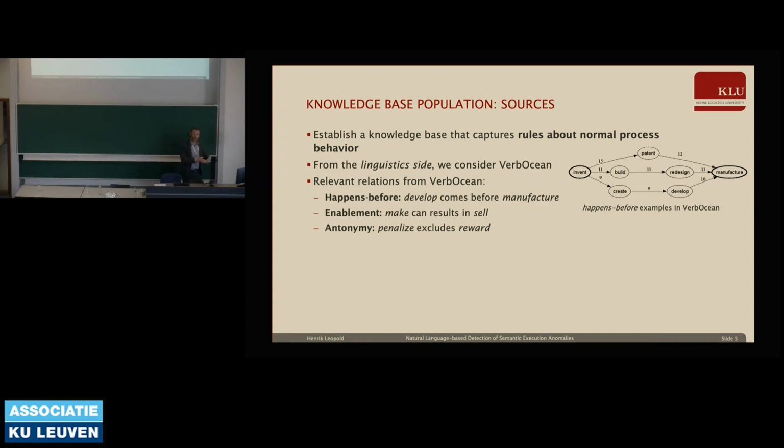You invent something, and only once you have invented something, you can build it. Once you have built it, you can redesign it. Once you have redesigned it, you can manufacture it. Once you have invented something, that's the upper branch, you can also patent it. Once you have invented something, you can also create it. So you have these happens-before relations, and that is very interesting because this is quite generic.